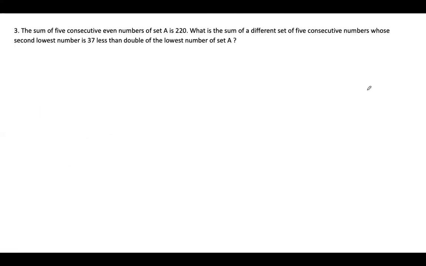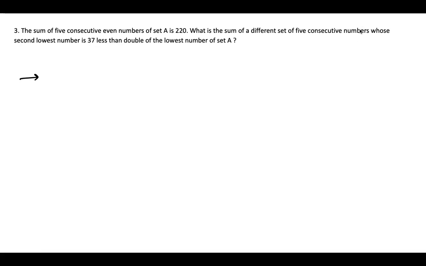Question number 3. Nupur, can you explain? Yes, sir. So, consecutive numbers are in arithmetic progression. You might have done this question by using some AP concept, but I am going via the equation manner.